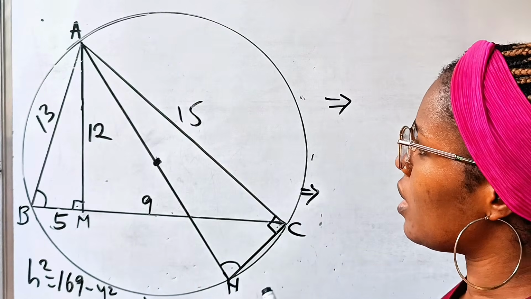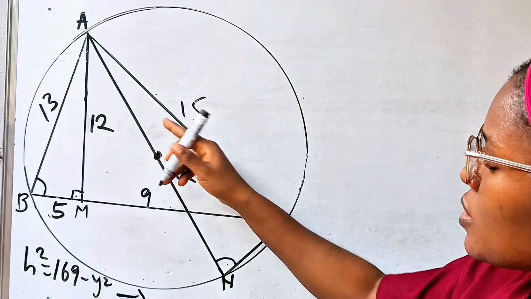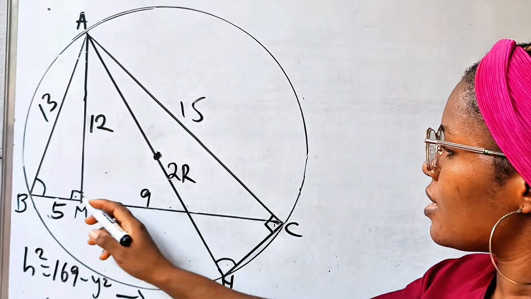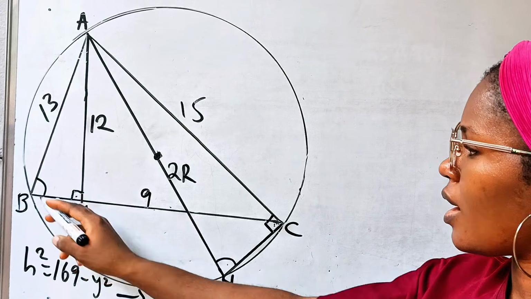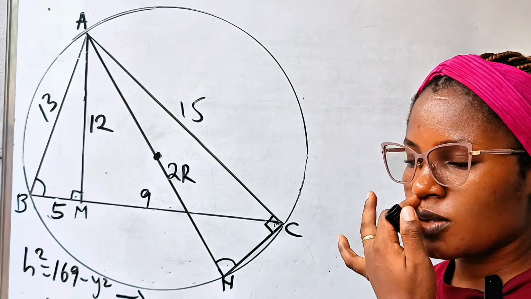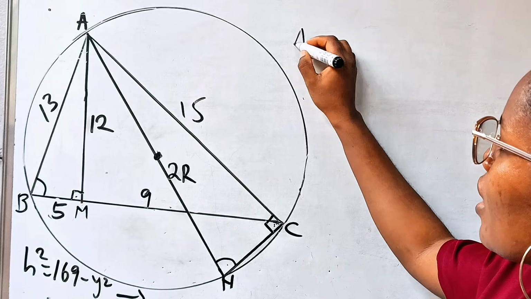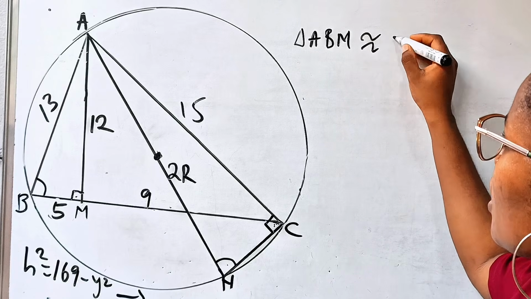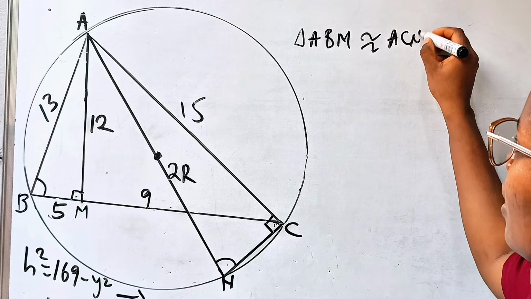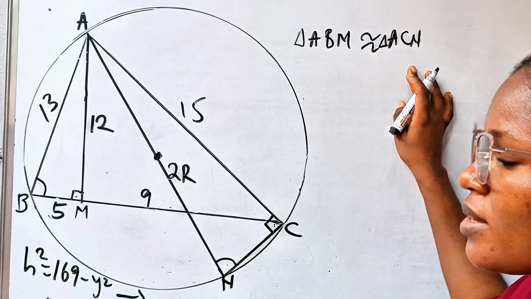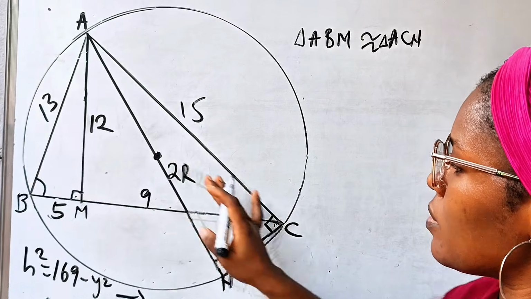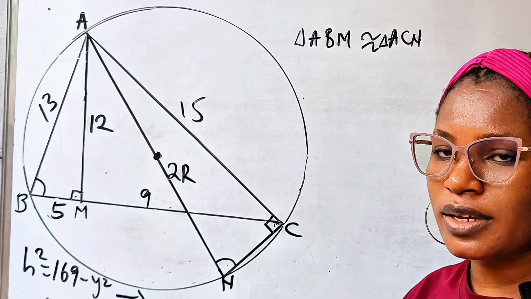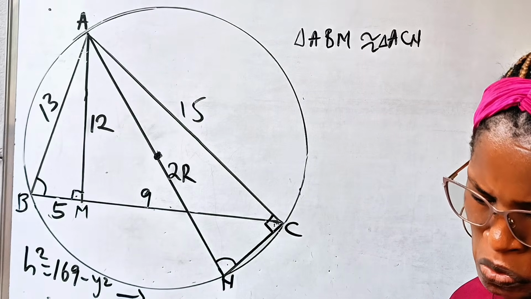Since this angle is equal to this angle, and this angle is equal to this angle as well, it simply means that triangle ABM is similar to triangle ACN. Both of them are similar triangles, and that simply means that the ratio of their corresponding sides are equal.